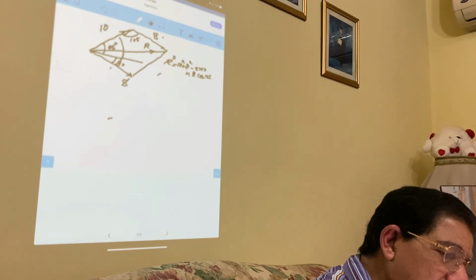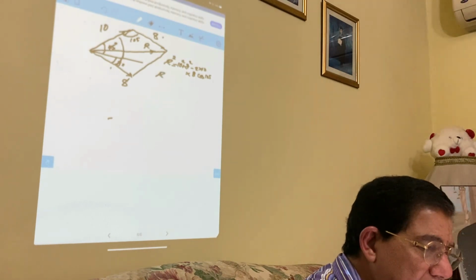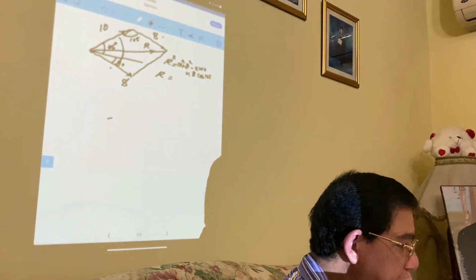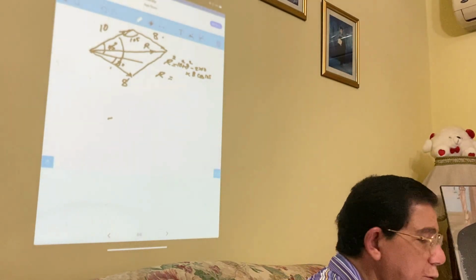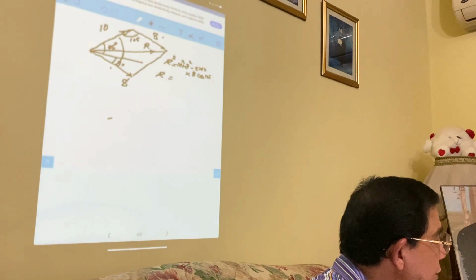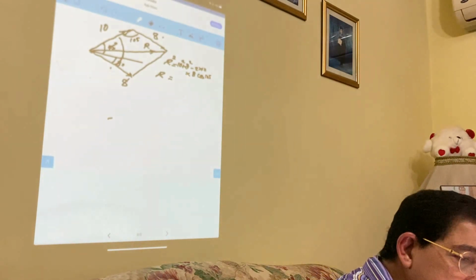We will get the value of R. R will come out to be 14.3. The resultant force is 14.3.